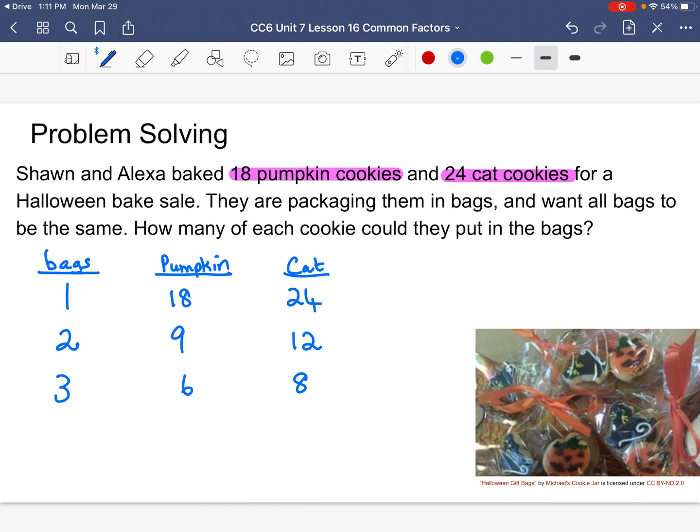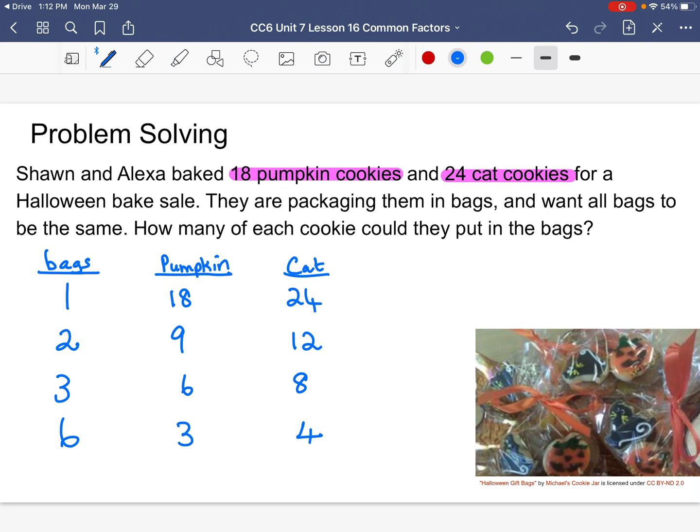They can't divide 18 by 4 or 5, but they can divide both 18 and 24 by 6. So if they divided their cookies amongst 6 bags, there would be 3 pumpkin cookies and 4 cat cookies in each bag. 6 times 3 is 18, 6 times 4 is 24.